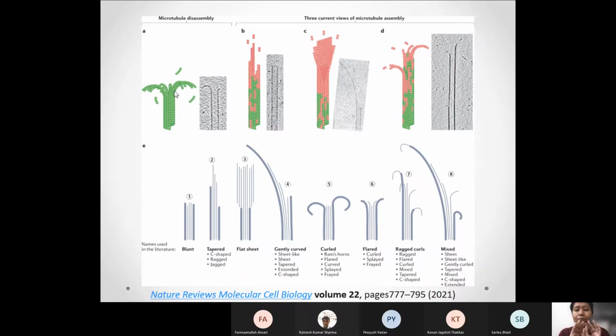So you could have the cylinder, but the cylinder is actually growing in terms of a sheet, and then the sheet has to fold. So a number of theories about it, but none of them can either be proved or disproved. But what it shows is that it's a highly dynamic process. You can appreciate that the ends here are very often curled, and we'll come to this curling in a while.